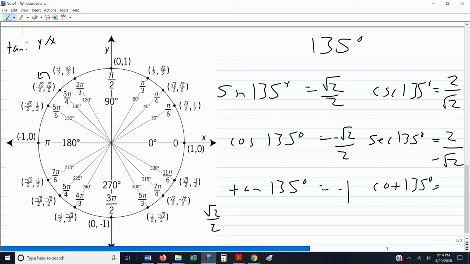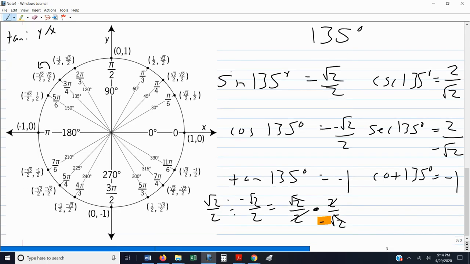If you do the y value divided by the x value, you know that division is the same as multiplying by the reciprocal. You see this cancellation, and the only thing left is -1. And then cotangent is the reciprocal, so the reciprocal of -1 is also -1. I won't say those steps again because we just did that in the previous example. So that is one example, actually two now, of how to use the unit circle to get these values.